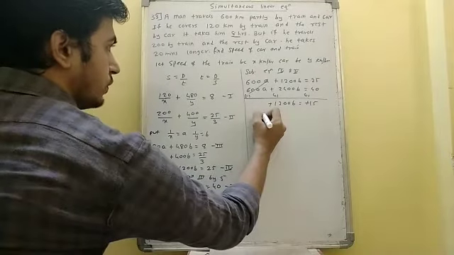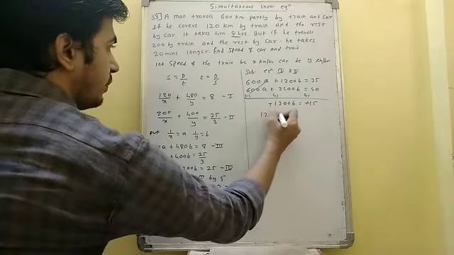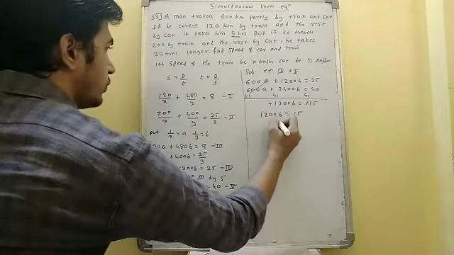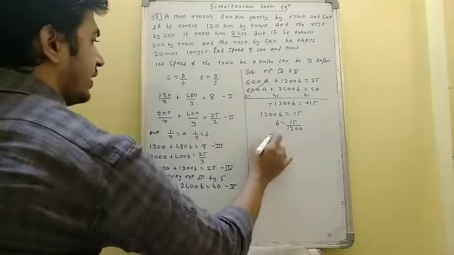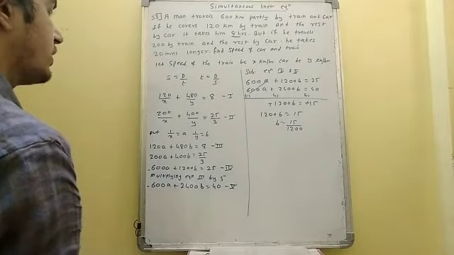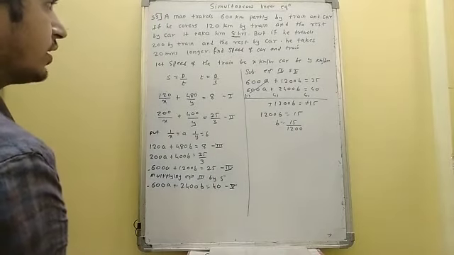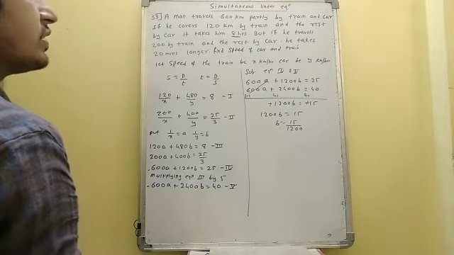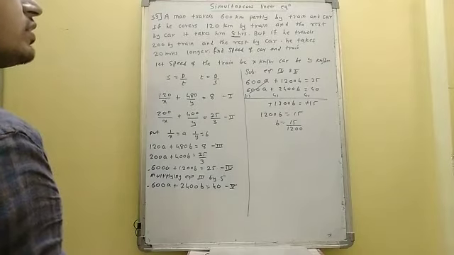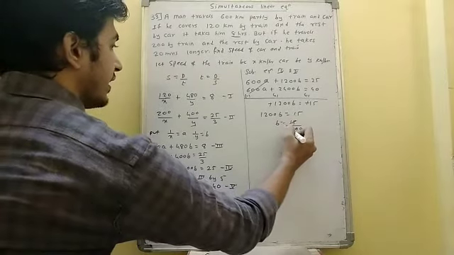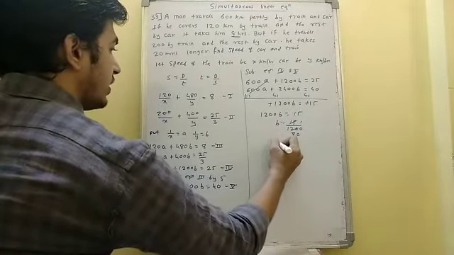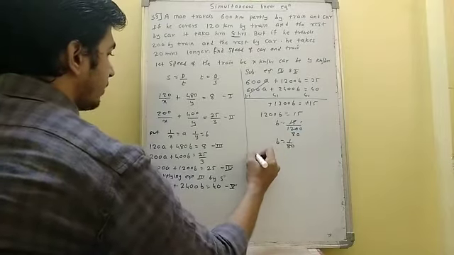So 1200b is equal to 15. b is equal to 15 upon 1200. 15 sixes are 90, 7 are 105, 8 are 120, so b is equal to 1 upon 80.